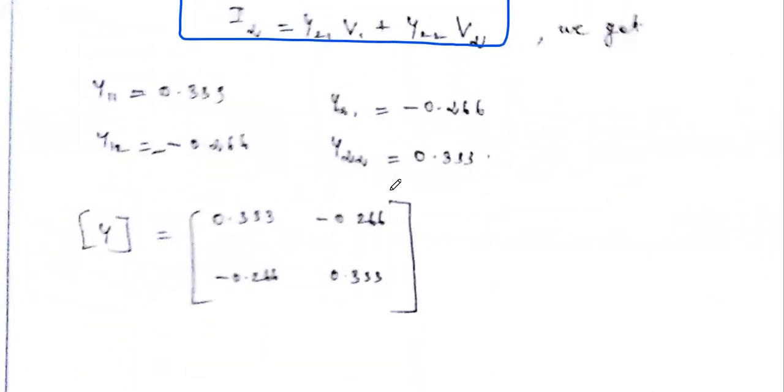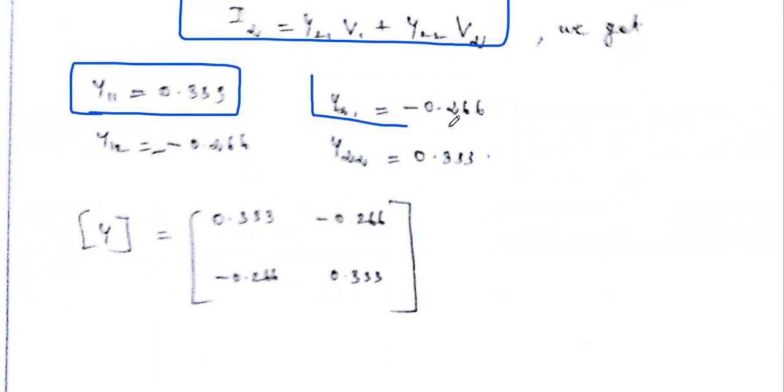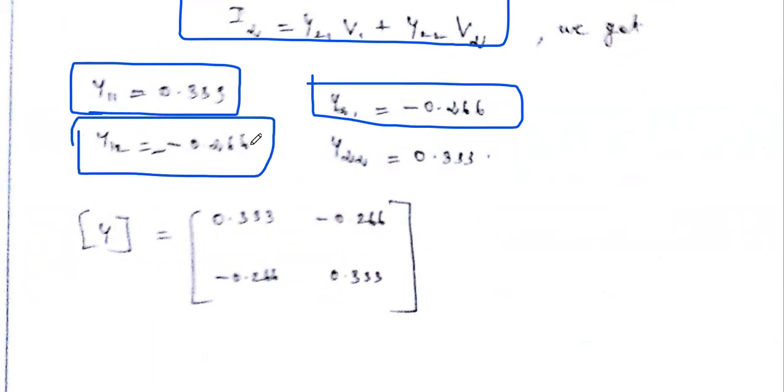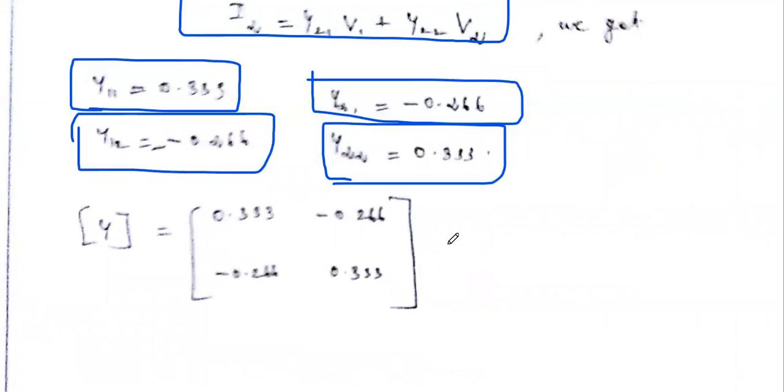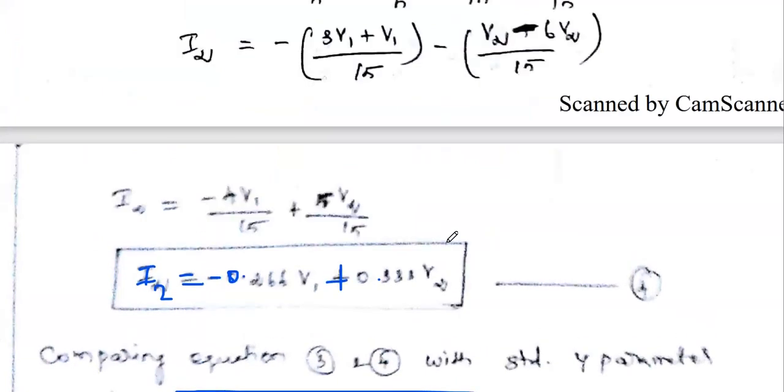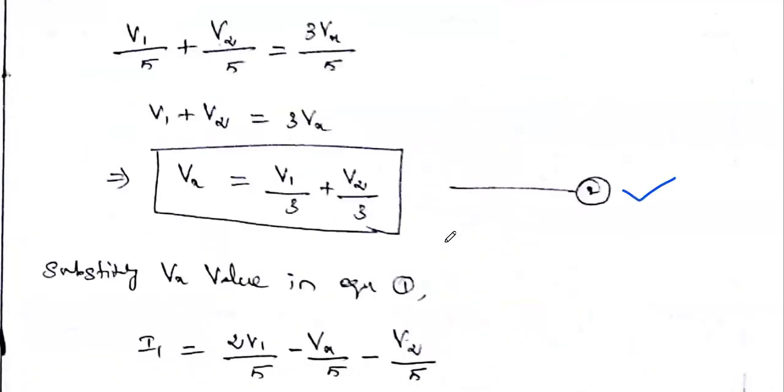If you compare, we get y11 equal to 0.33, y21 equal to minus 0.266, y12 equal to minus 0.266, y22 equal to 0.333. So this is the y parameter value, and we can write the y parameter in matrix format, which is the y matrix.